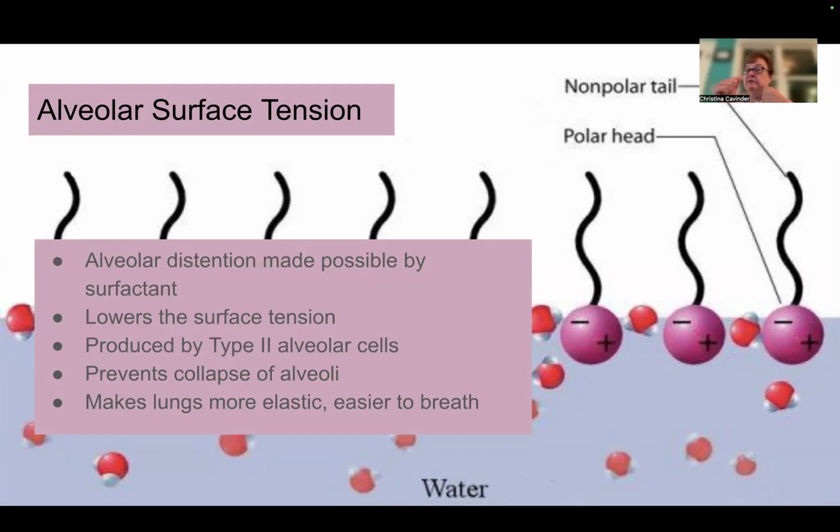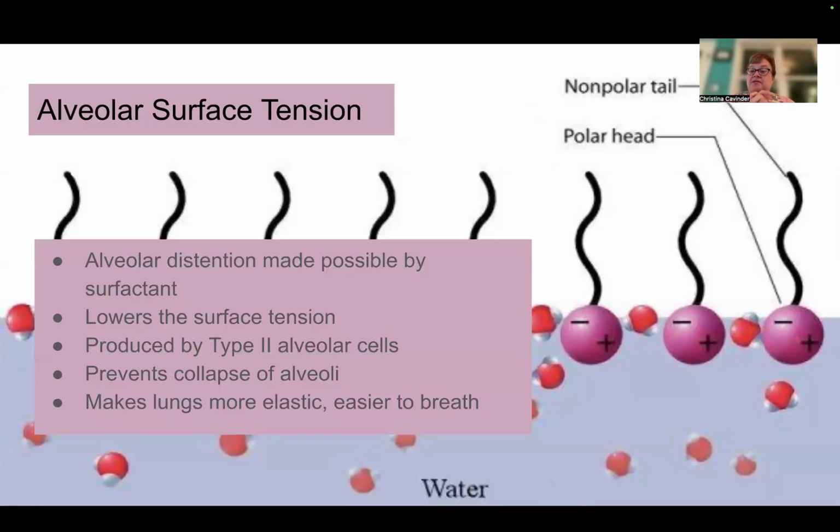Think of a really, really difficult balloon and you're putting all this pressure just to get it to open. So what's causing that really stiff is the surface tension. So we want to decrease the surface tension so it's more elastic, easier to breathe.